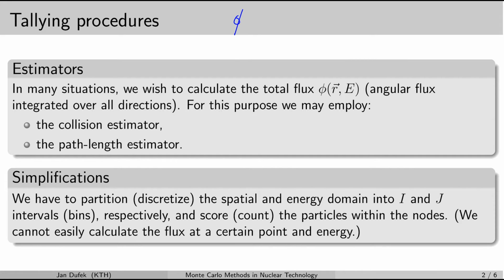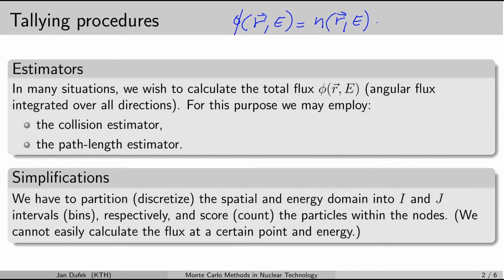So the neutron flux actually depends on the position in the system and the neutron energy. It is given by the product of the neutron concentration, which is dependent on the position in the system, so from there comes the dependence on the position and also on the energy of the neutron.